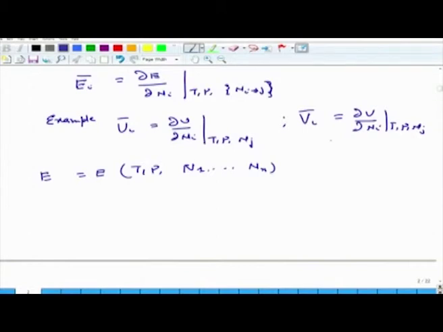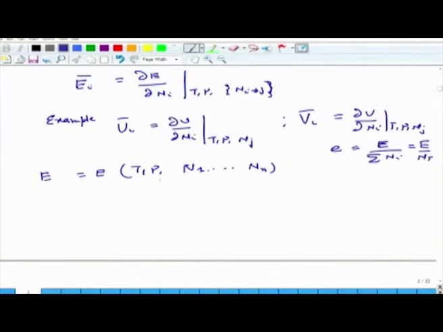Remember that the molar property, let us say small e, is defined as E divided by the total number of moles, NT. We use small variables to define molar properties, whereas partial molar properties are the big symbols with a bar on top.